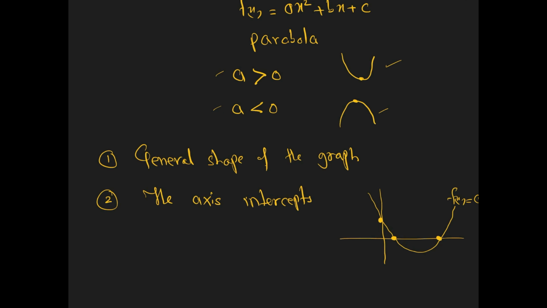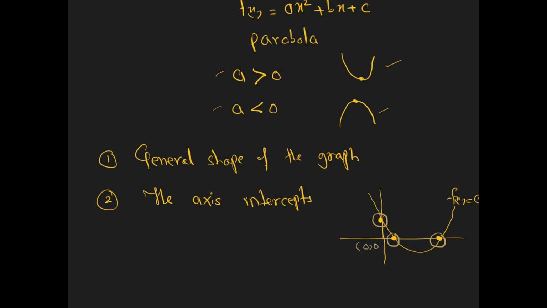So we need the values of the x-intercepts and y-intercepts. It is quite easy to get these. When we want to work out the x-intercepts, the y coordinate is 0, and when we want to work out the y-intercept, the x coordinate is 0.